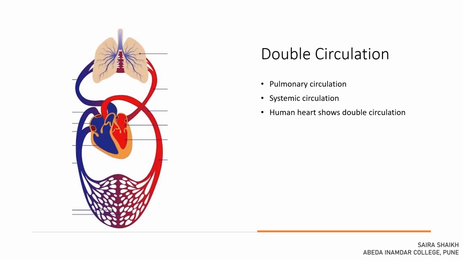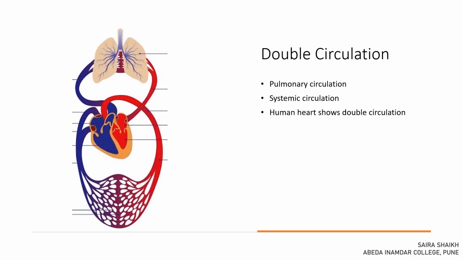In double circulation, the blood passes through the heart twice. That's why this blood circulation is called double circulation. There are two cycles: pulmonary circulation and systemic circulation. In pulmonary circulation, blood from the heart reaches the lungs for oxygenation, and from the lungs, oxygenated blood comes back to the heart.